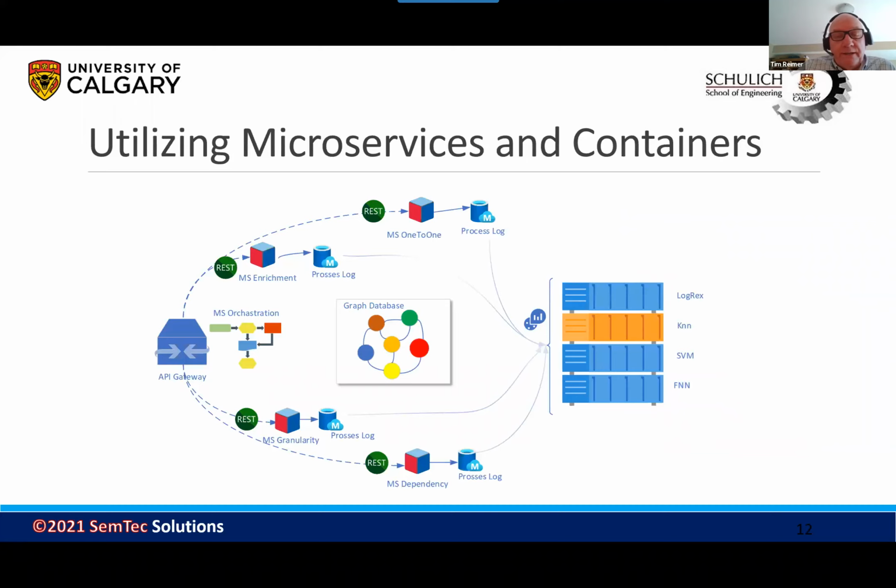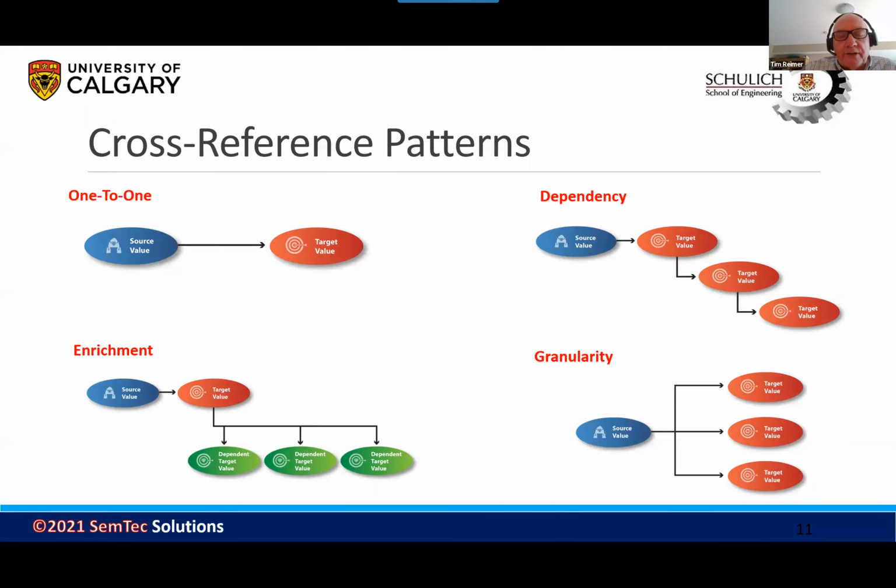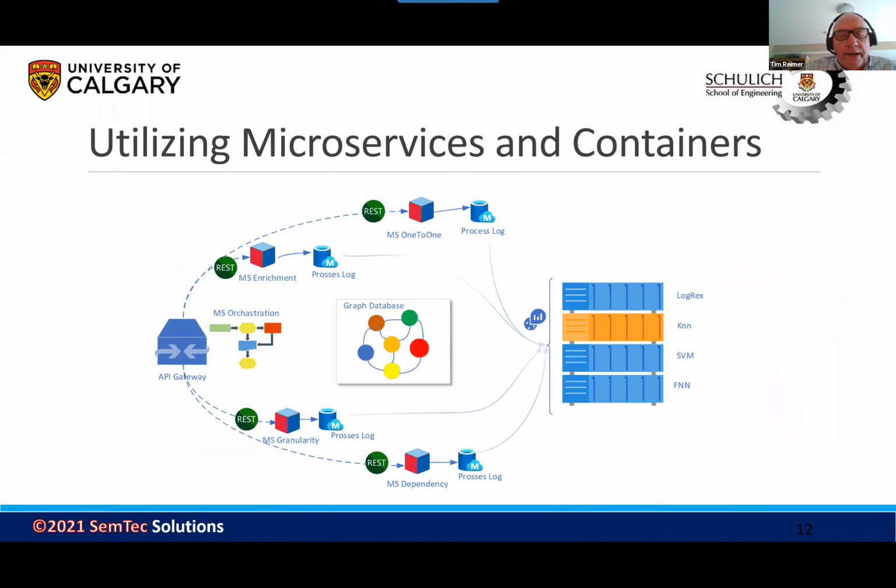That brings me to the next big step in the evolution of this application and my research. I went back and said, okay, how do we implement these four patterns, and how do we connect them together so that we get a really solid system? The best way I discovered to do that is with microservices.